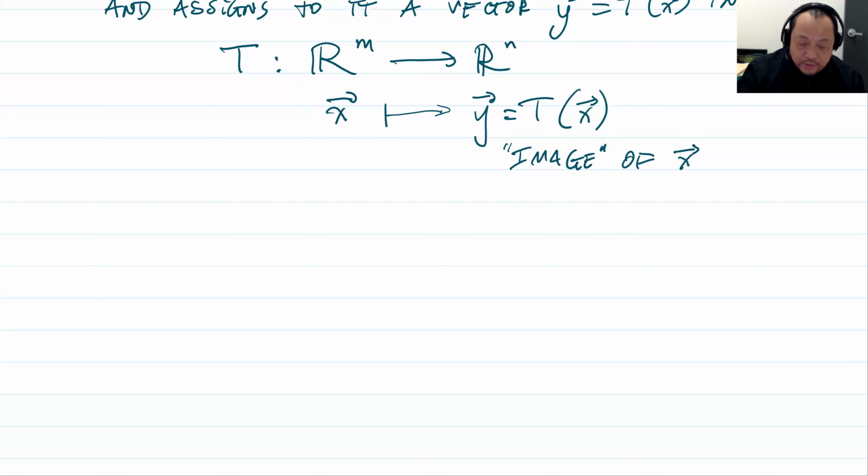In this case, we call this the domain of T, and that's familiar with the word domain of a function in regular algebra. And the space that we're arriving inside of, we call it the codomain.